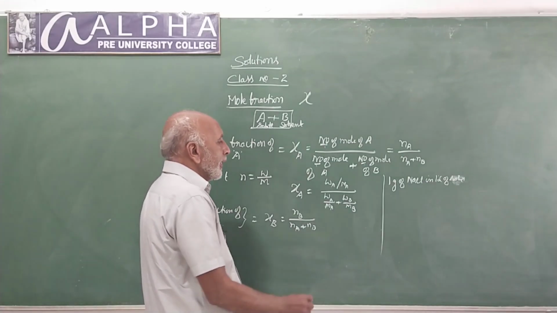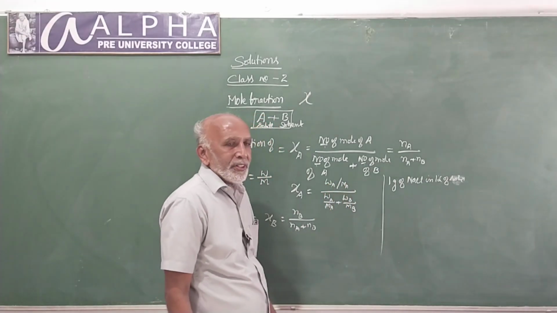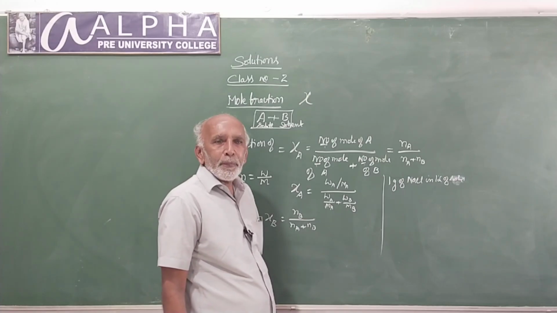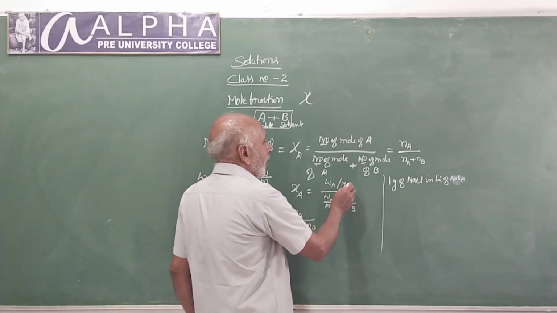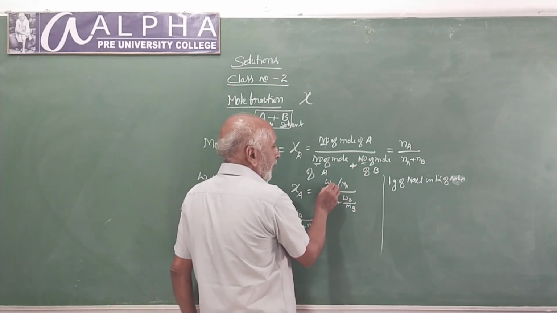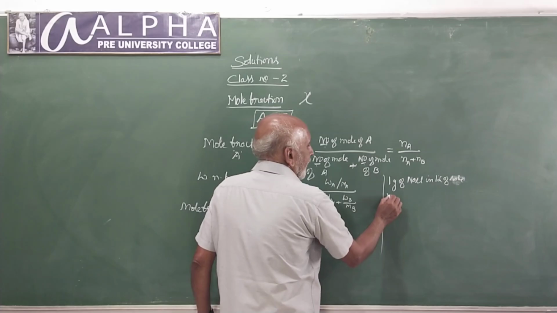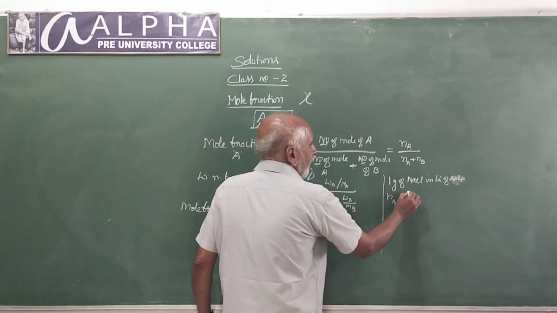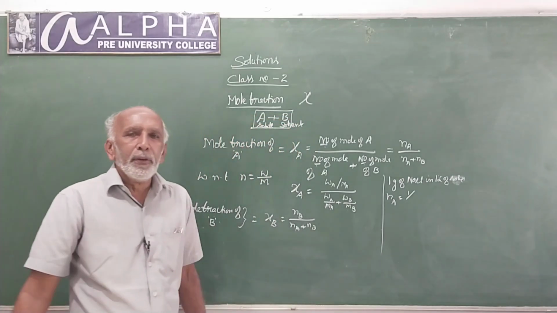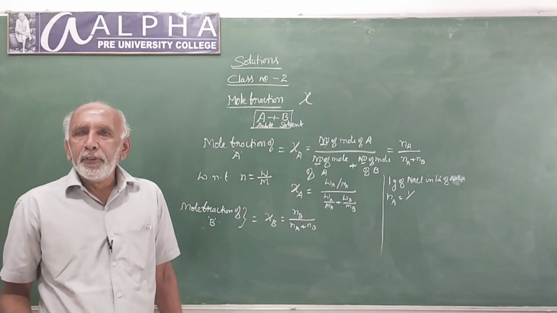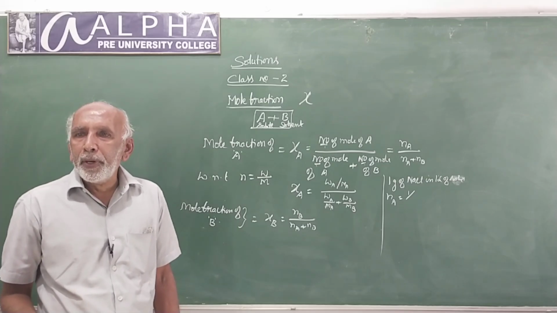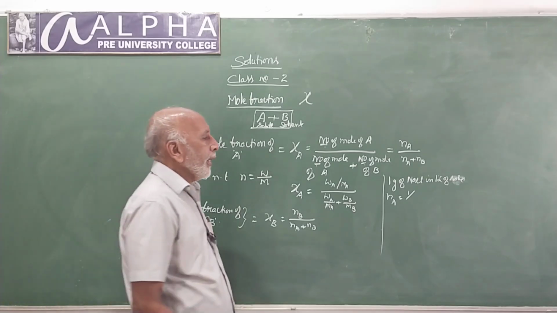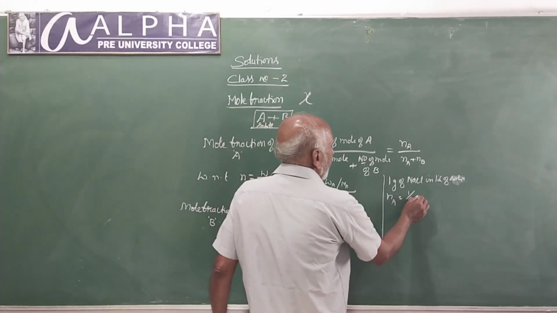Now, let us see the number of moles of sodium chloride and water in the solution. Number of moles of sodium chloride, Na, is equal to mass 1 gram over molar mass of sodium chloride. Sodium atomic mass is 23 and that of chlorine atomic mass is 35.5. Altogether it is 58.5.